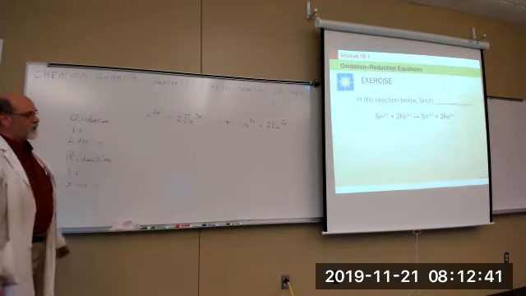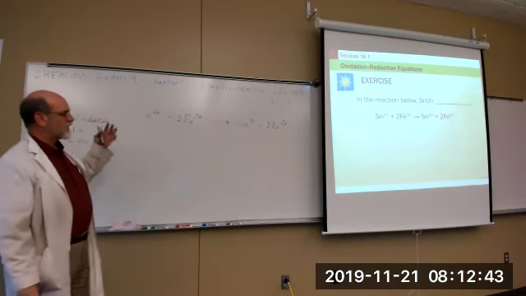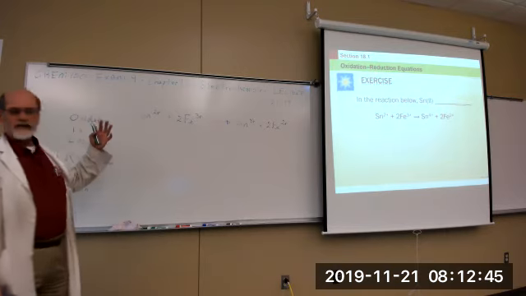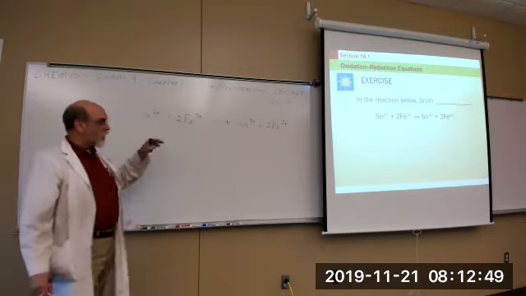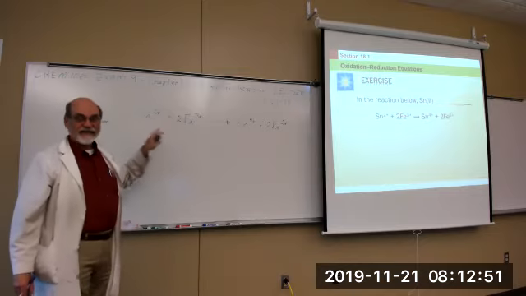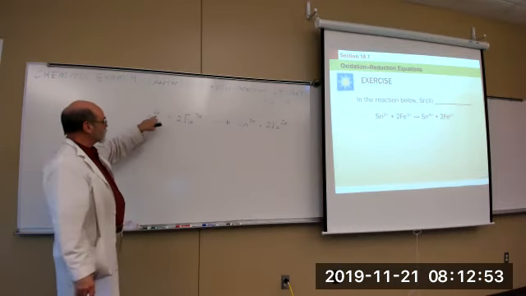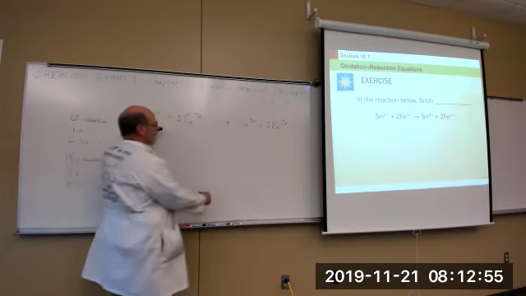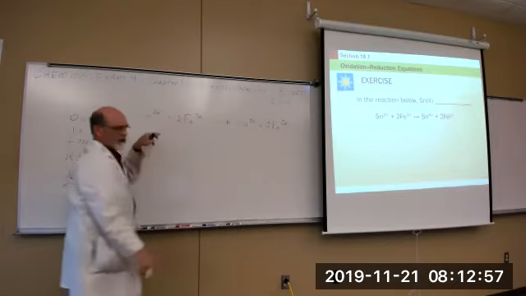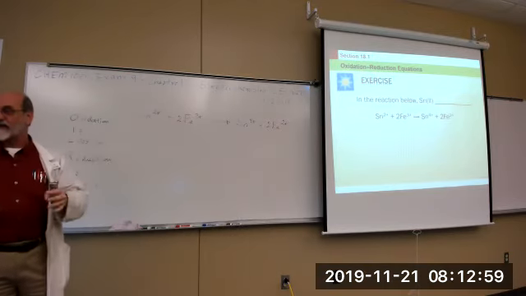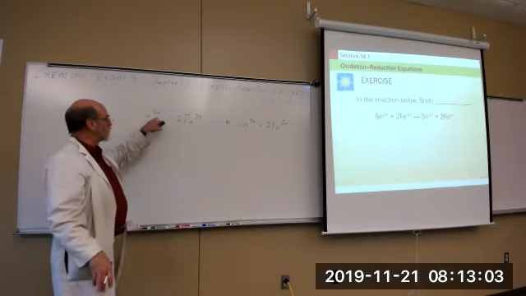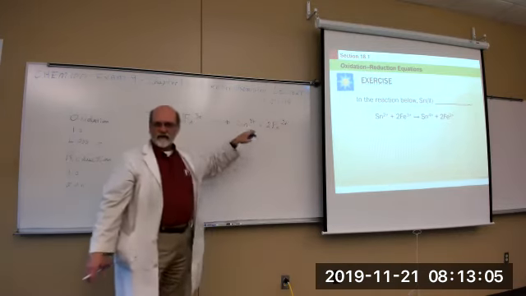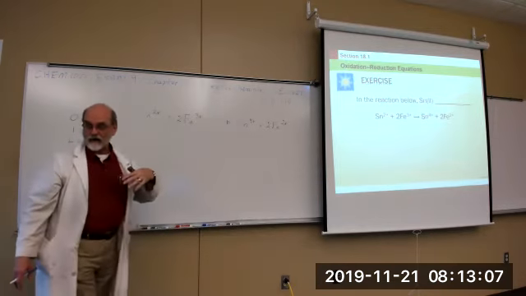Now the trick is to tell which one is being oxidized and which one's being reduced. We know that an oxidation reduction has taken place because there's a charge difference. This Sn is 2+ here and 4+ there. The only way that can happen is if electrons are transferred. So how do you go from a 2+ to a 4+? You add electrons or subtract electrons?